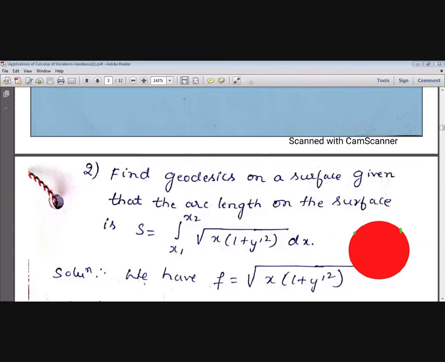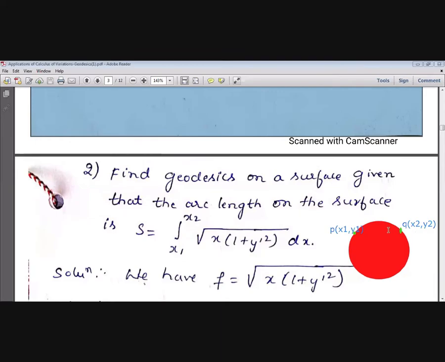Let this be P of x1 comma y1, then this one Q of x2 comma y2.